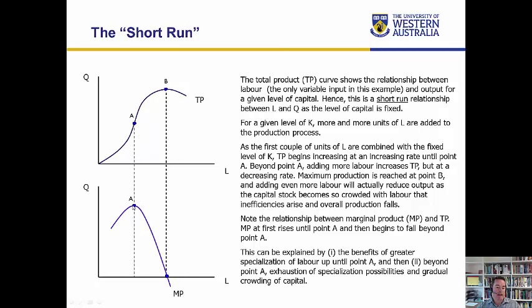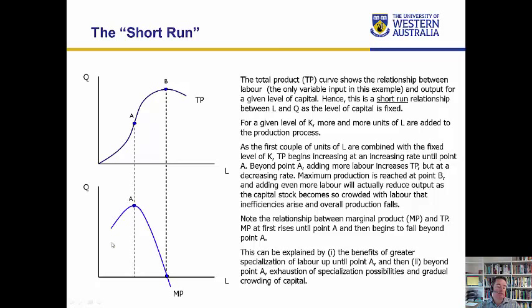To the left of point A, as we add more and more workers along the horizontal axis, we're in the diagram down the bottom now, as we add more and more workers, marginal output is actually rising. And that's what's making the total product curve have this convex shape, or increasing at an increasing rate. Past A down to point B, marginal product, that is the extra output, is declining.